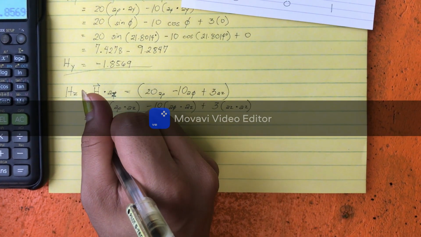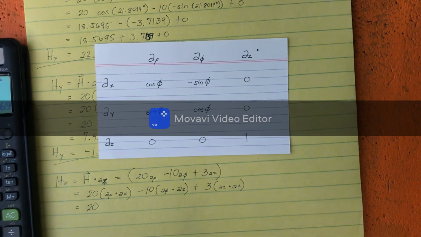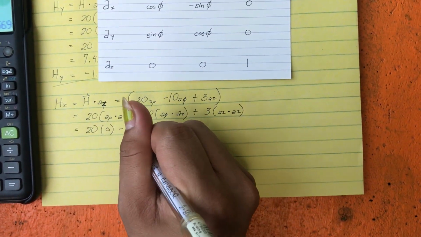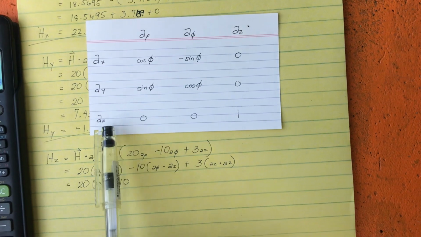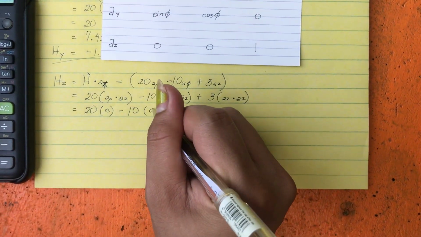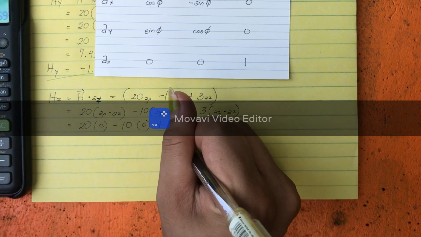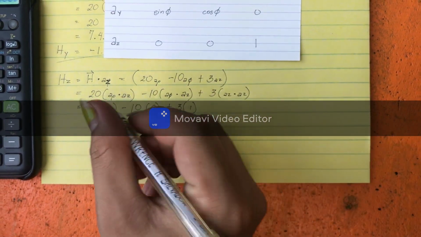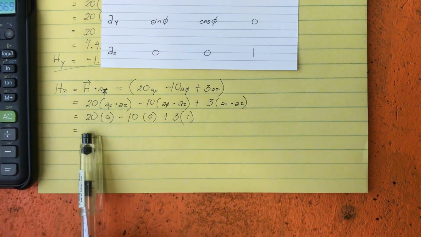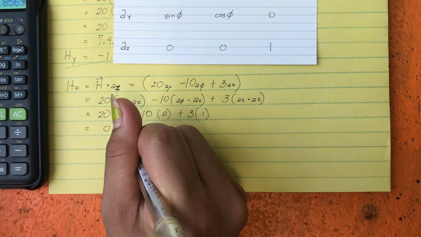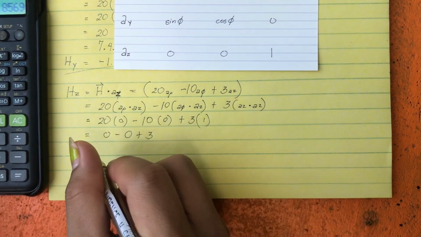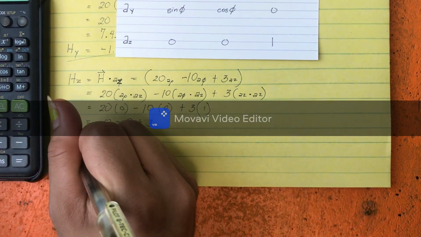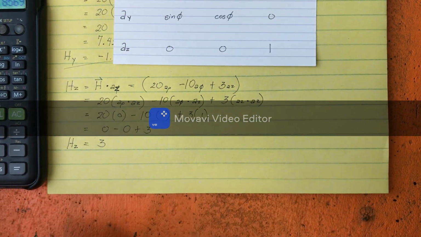The dot product of a sub rho and a sub z is 0, so 20 times 0, minus 10 times the dot product of a sub phi and a sub z, which is also 0, plus 3 times the dot product of az and az, which is 1. So 0 minus 0 plus 3 is equal to 3. So the z component of H is equal to 3.